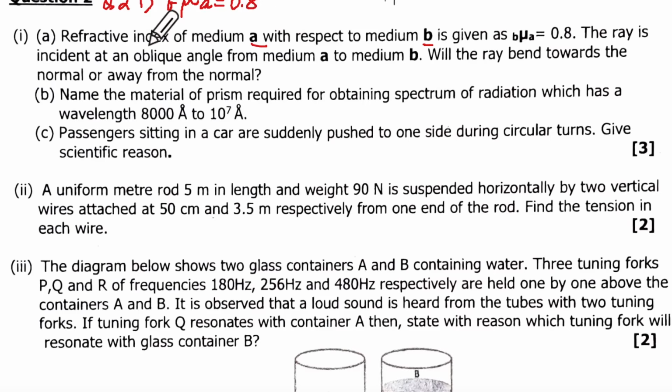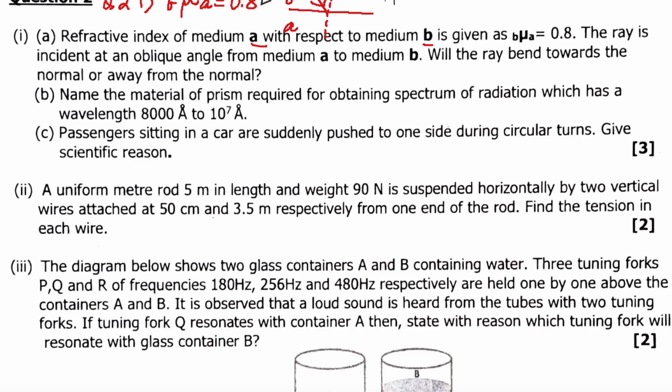The ray is incident at an oblique angle from medium A to B. Will the ray bend towards the normal or away from the normal? Now they are saying this B mu A, do you know what it means? B is here and A is here, and the ray is coming this way. Did you understand?